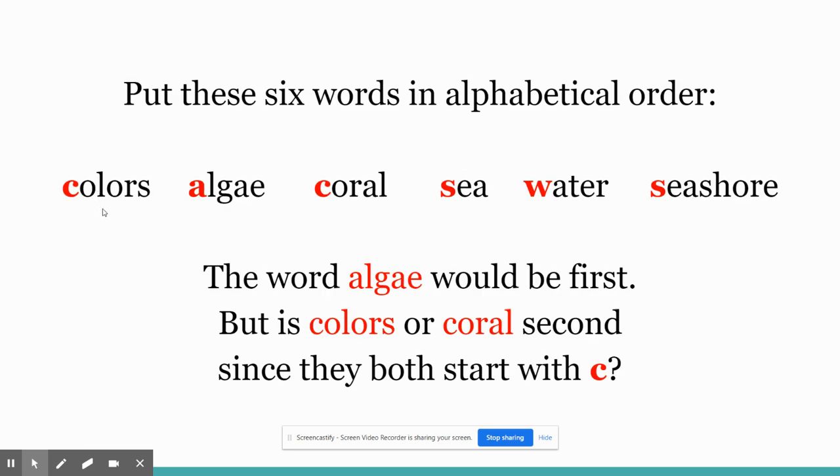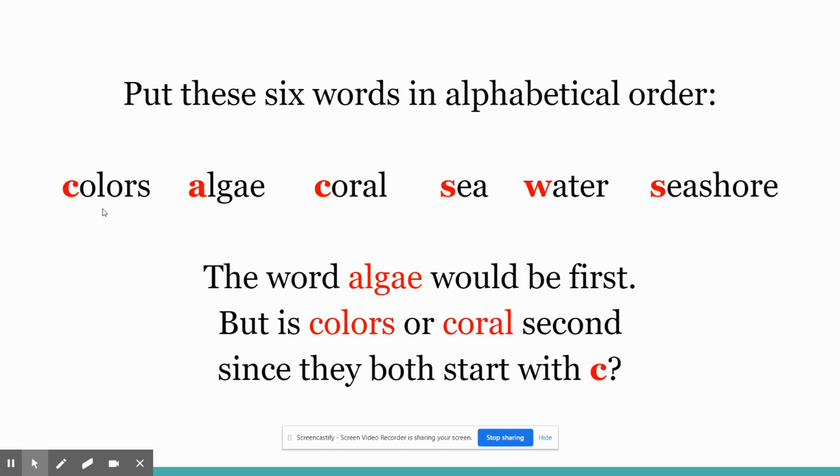Which one of those comes first in the alphabet, L or R? Think about that for a moment. Right. L comes first. So colors would come before coral alphabetically.